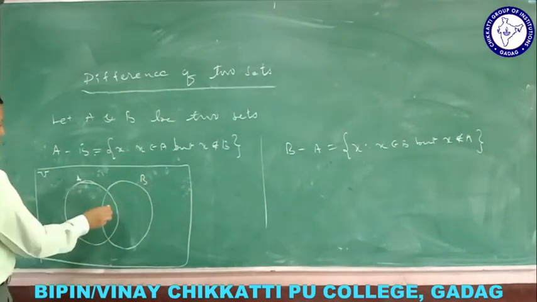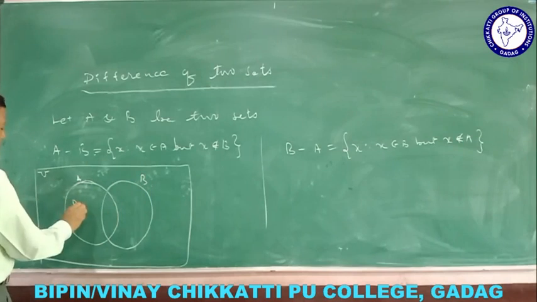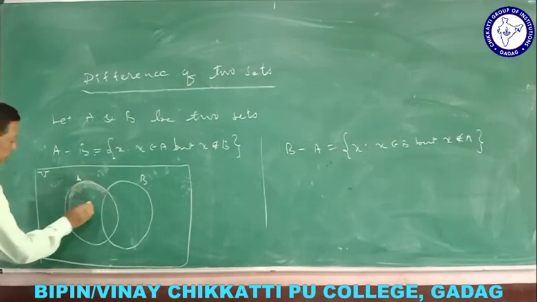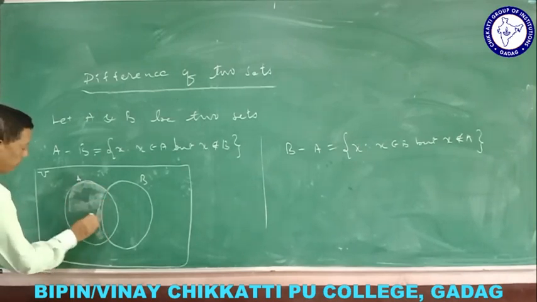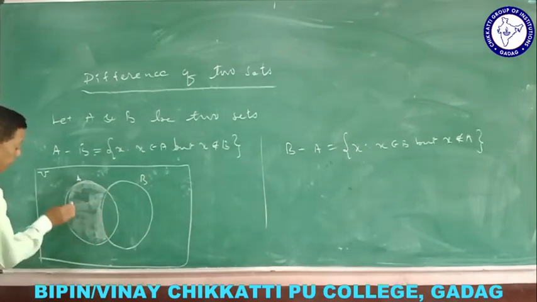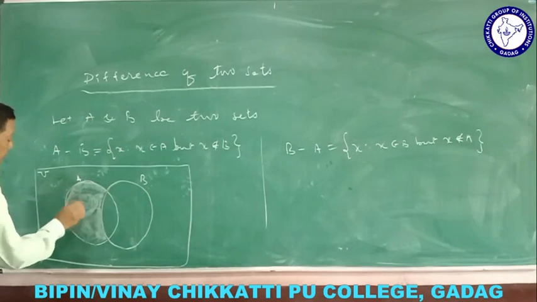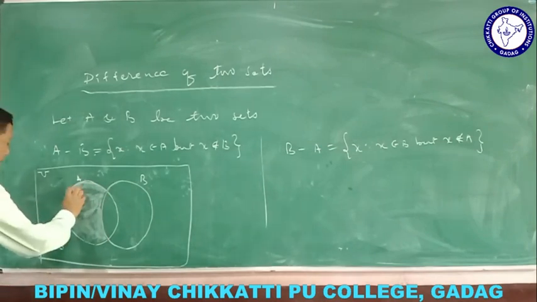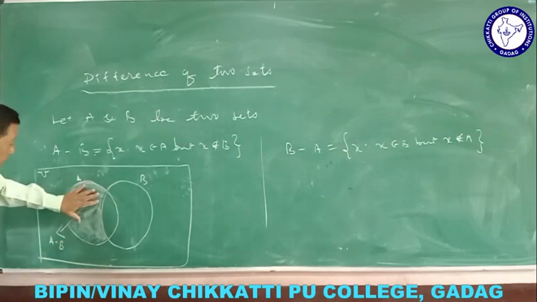This is A minus B. A minus B is only this portion, only this shading. You understand how to do it. Why is this A minus B? Only the elements which are present in A but not in B. This is A minus B.